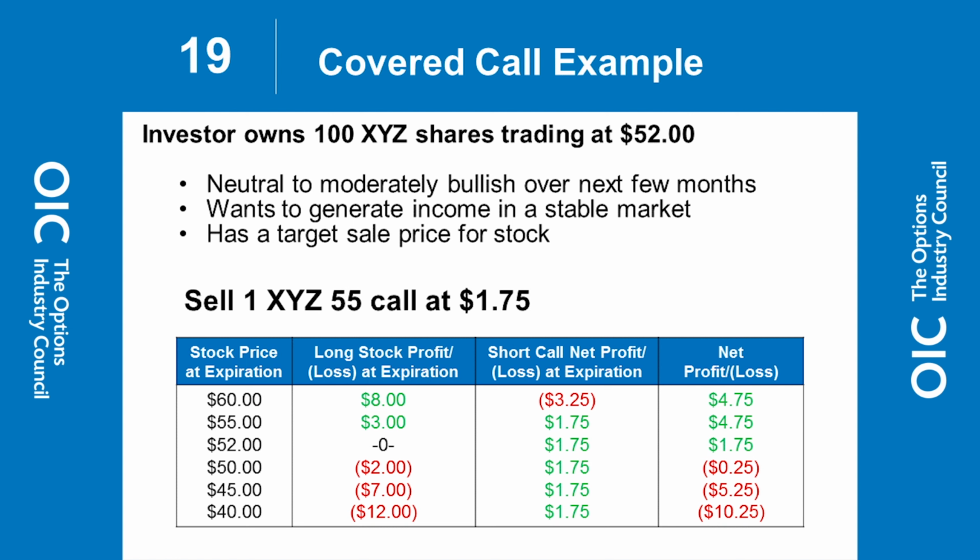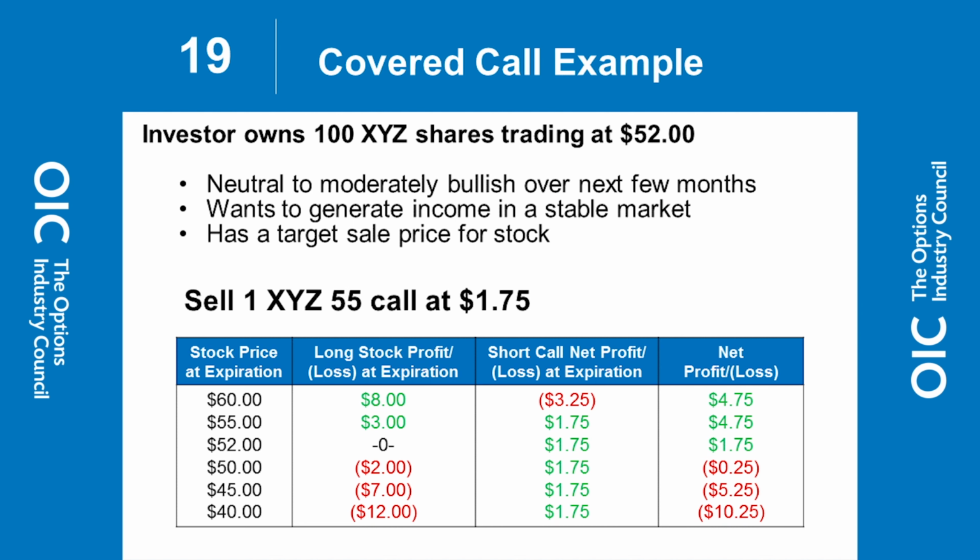But again, we keep that $1.75 premium when we sold the option. That reduces our loss to 10.25. So we're going to lose money all the way down to zero. Wherever the stock goes below where we bought it, we're going to lose money on this. But that loss is going to be tempered somewhat by selling the option. So the loss is a little bit minimized, but certainly still substantial.